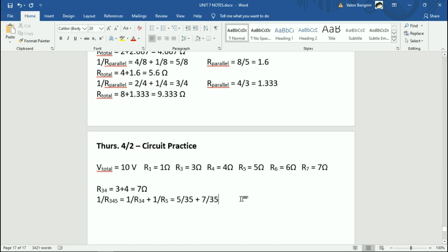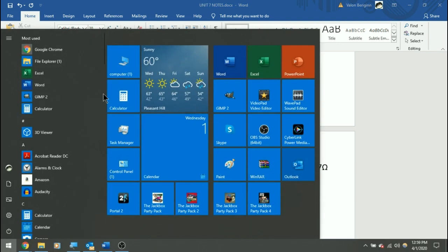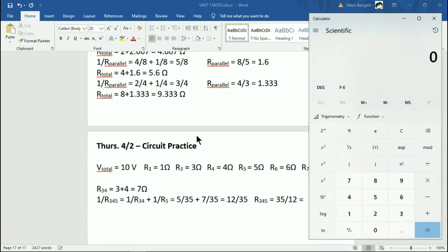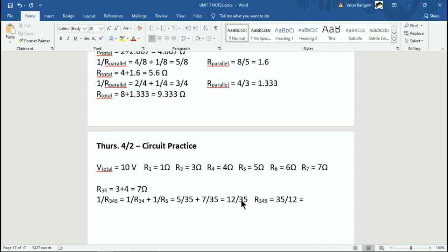That becomes 12/35. So therefore R345 equals 35/12. I'll just do the math: 35 divided by 12 is 2.917. I'll round to 3 decimal places for all of these.